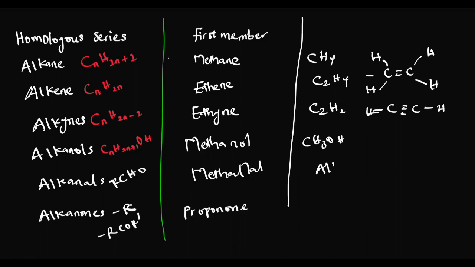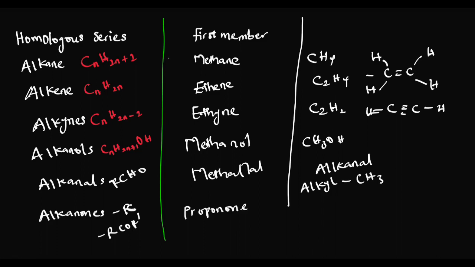Now let me explain both of them so you'll be able to understand it. So for alkanol, the R there represents an alkyl group. So it can be methyl, ethyl, whatsoever.